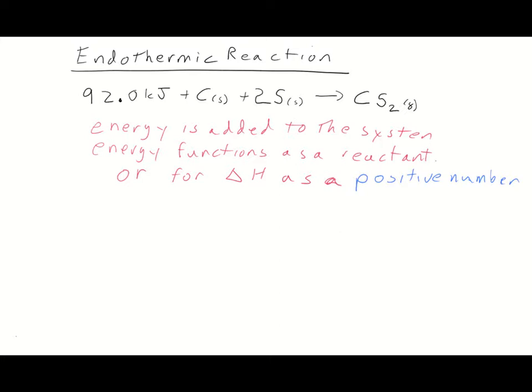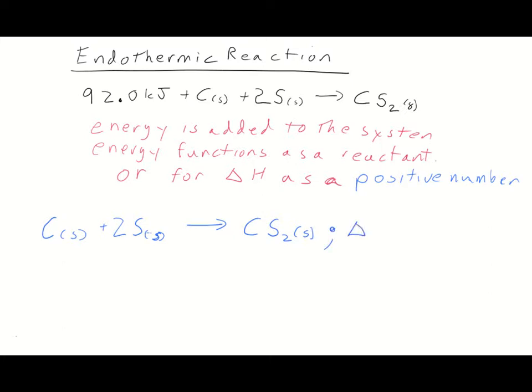If we're going to write an endothermic reaction in terms of change of enthalpy, we'd write the reaction. But whenever we do changes in enthalpy, and that's a solid, by the way, that's an S in case you can't read my chicken scratch there. We'd write our reaction. We'd write a semicolon.